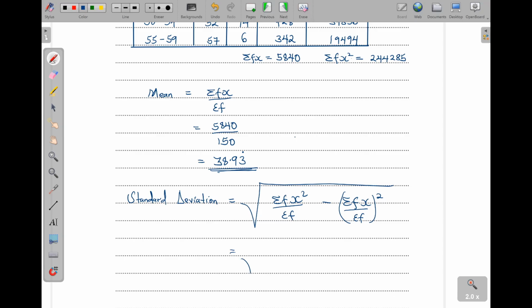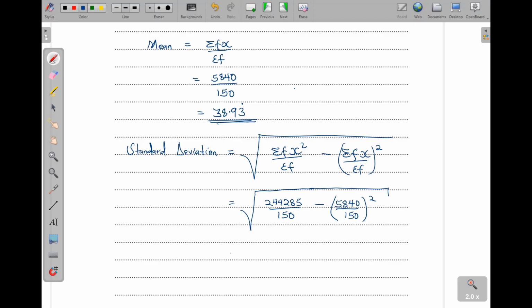So here we have the square root of 244285. Summation of f is 150. We subtract this 5840 out of 150, then squared.